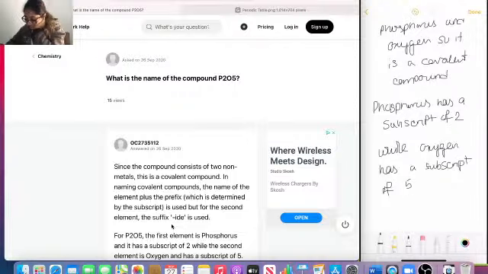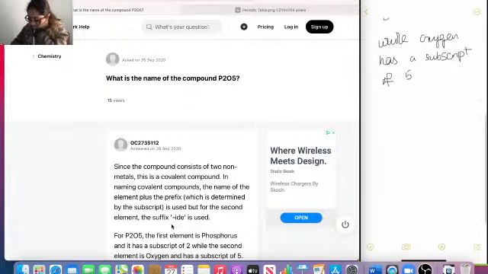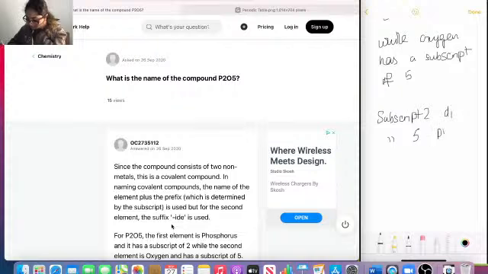The prefix used when the subscript is 2 is di, because you have mono, di, tri. So subscript 2 would be di, and subscript 5 would be penta, right?